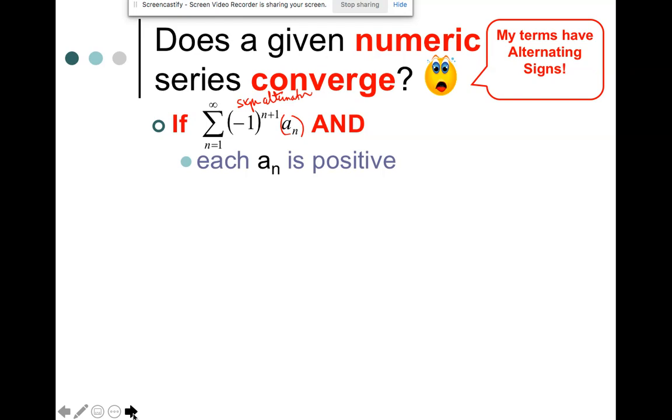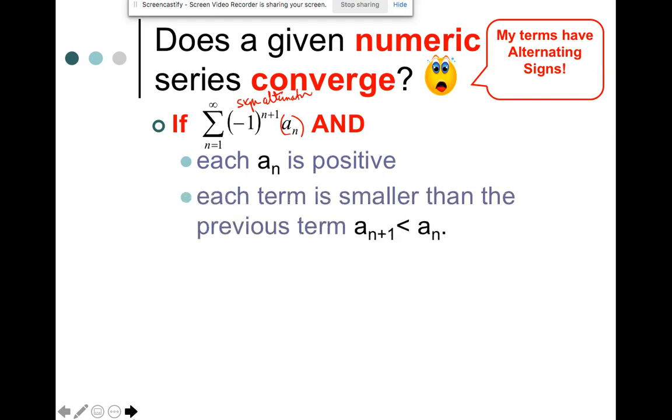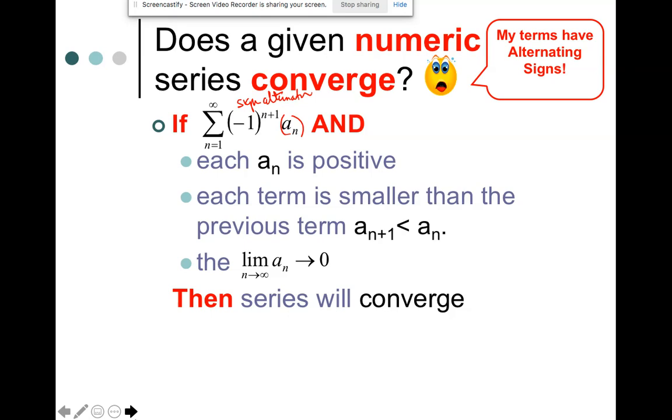If each term is positive on its own, in other words, the only way you get negative terms is with your sign alternator, and each term is smaller and smaller as you go along, and the limit of the terms is going to 0, then the series will converge.